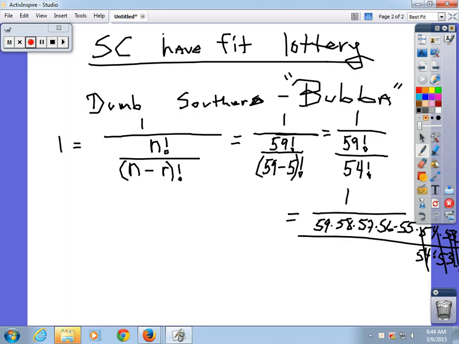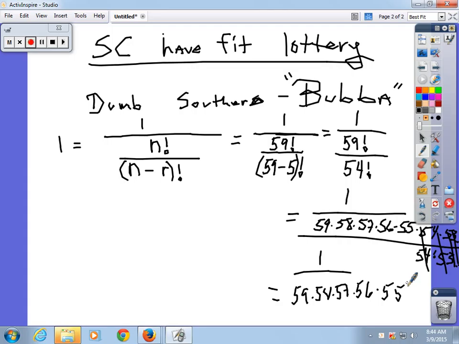But if you try to put this in your calculator, it'll have a fit. So you have to figure out how to do it. I don't think any of y'all want to put all that in your calculator. So it equals 1 over 59 times 58 times 57 times 56 times 55. There we go. And you don't want to type all that in your calculator. So, how do we do it?